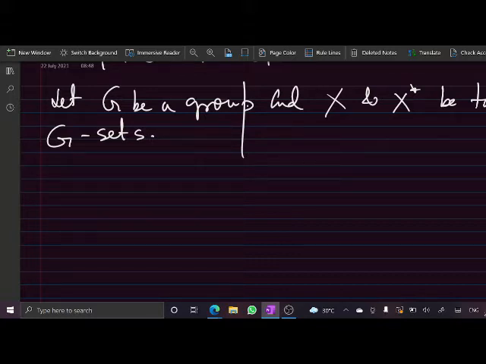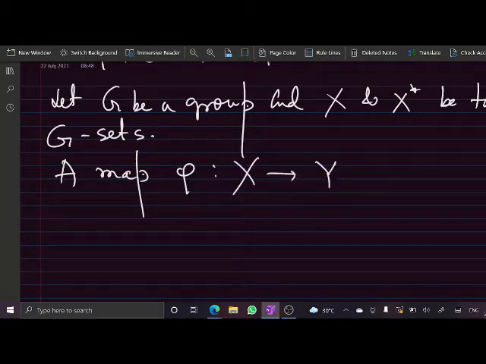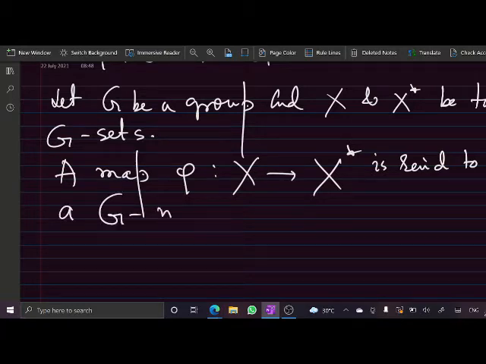So now a map phi from X to X star, between two G sets X and X star, is said to be a G map.